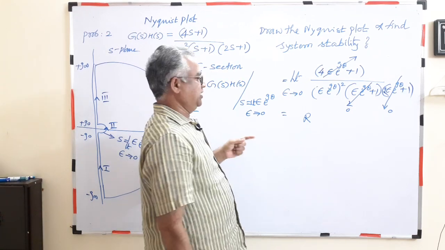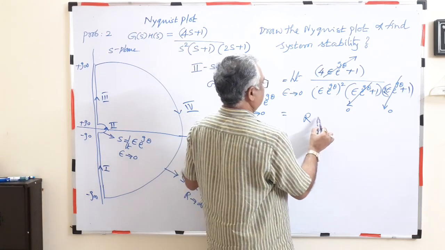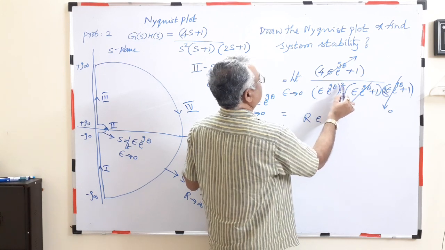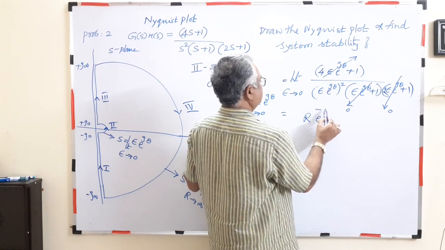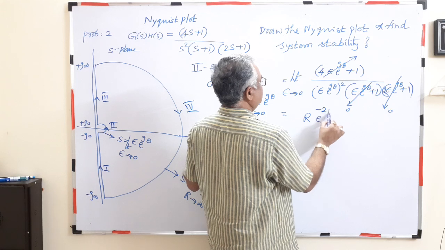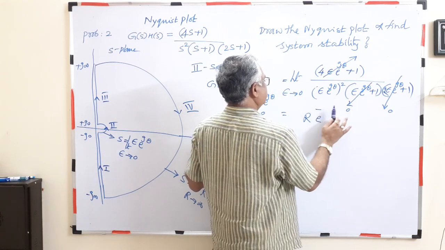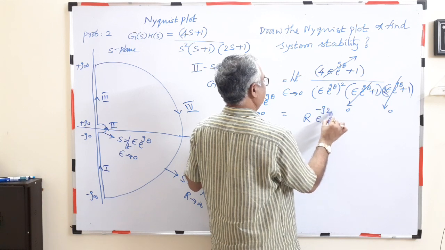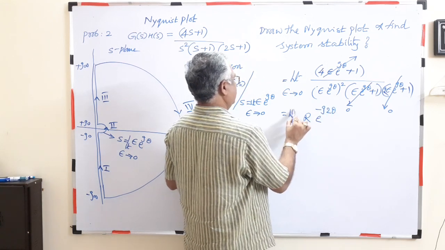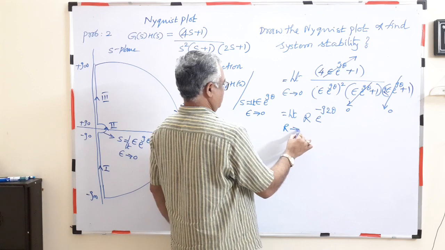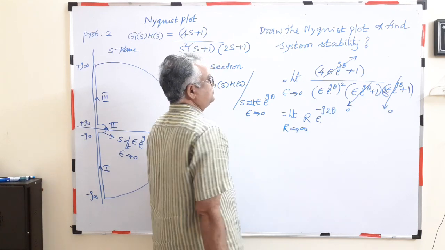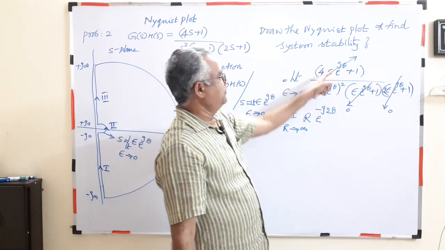Something by 0 is a bigger circle, of e^(-j2 theta), as this is square, minus 2j theta, whereas limit R tends to infinite. This simplification is important.